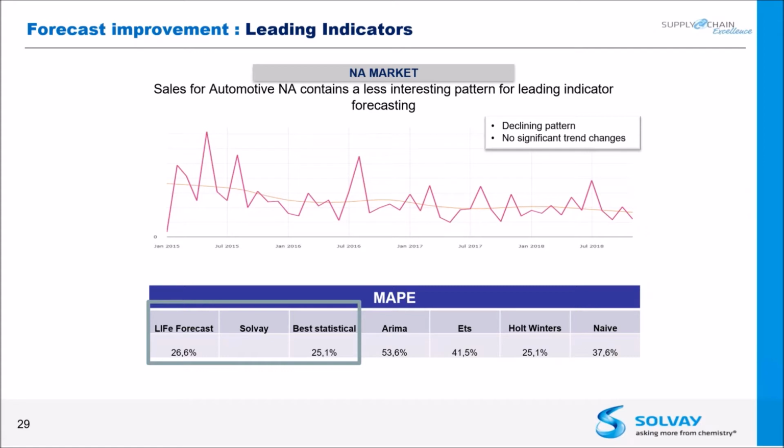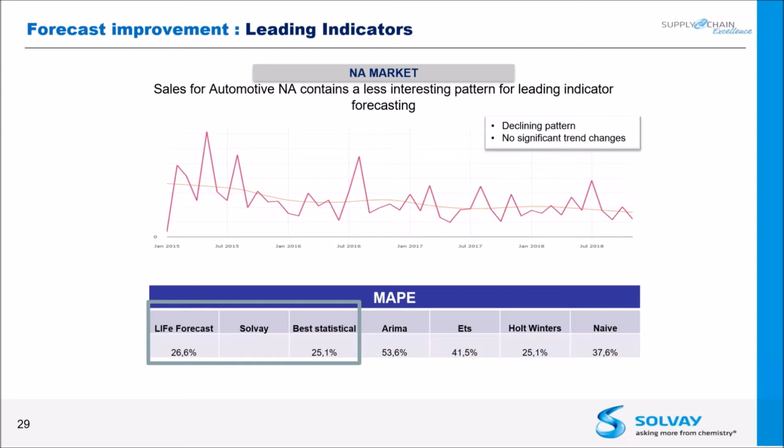We didn't publish the Solvay results here, but I can tell you that both live and best statistical models were improving by far the results of the classical manual input. So that's a takeaway to say that if you do not have large swings in your leading indicator or in your demand, then leading indicators will not be that much better than classical statistical methods.